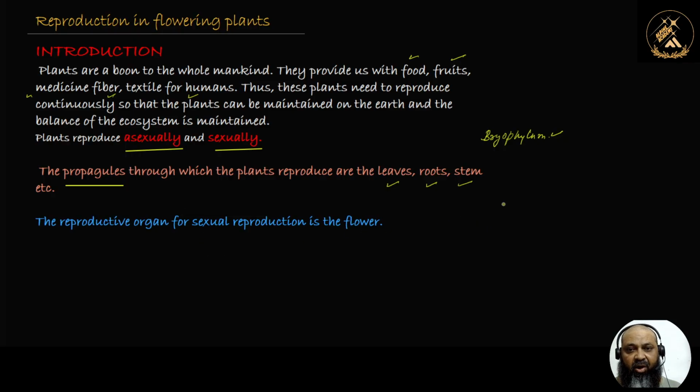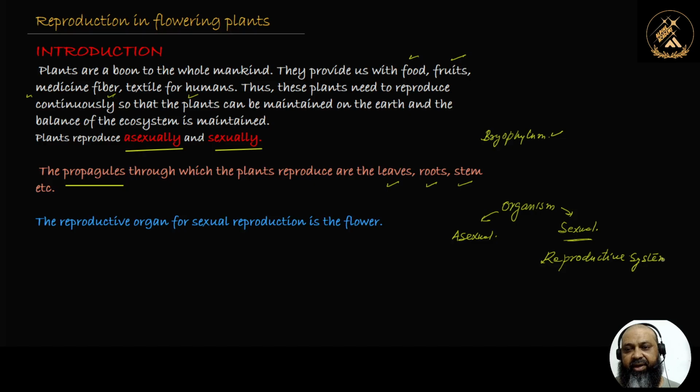Sexual reproduction won't be possible if there are no reproductive parts, or organs. In animals, there is a specific system known as the reproductive system.